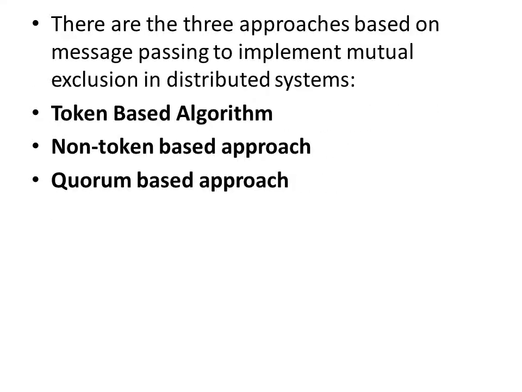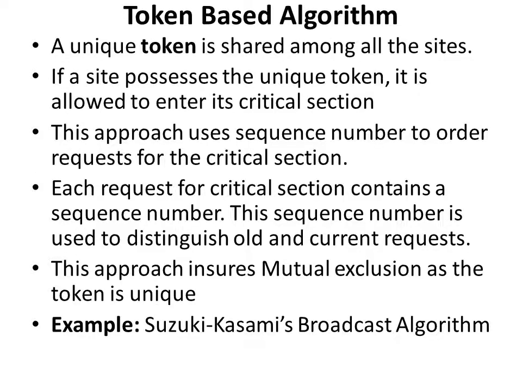There are three approaches based on message passing to implement mutual exclusion in distributed systems. They are the token based algorithm, the non-token based approach, and the quorum based approach. Token based algorithm: a unique token is shared among all the sites in the distributed system.